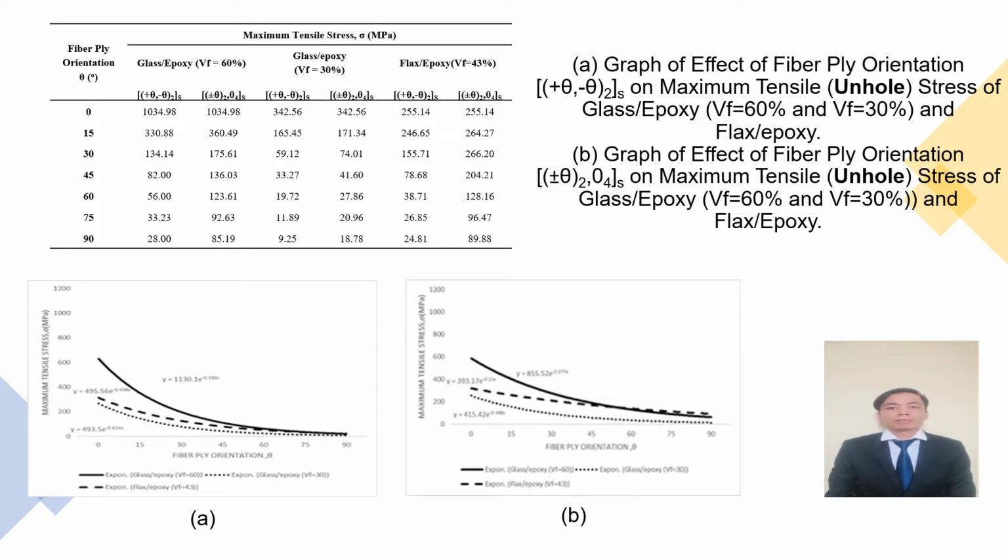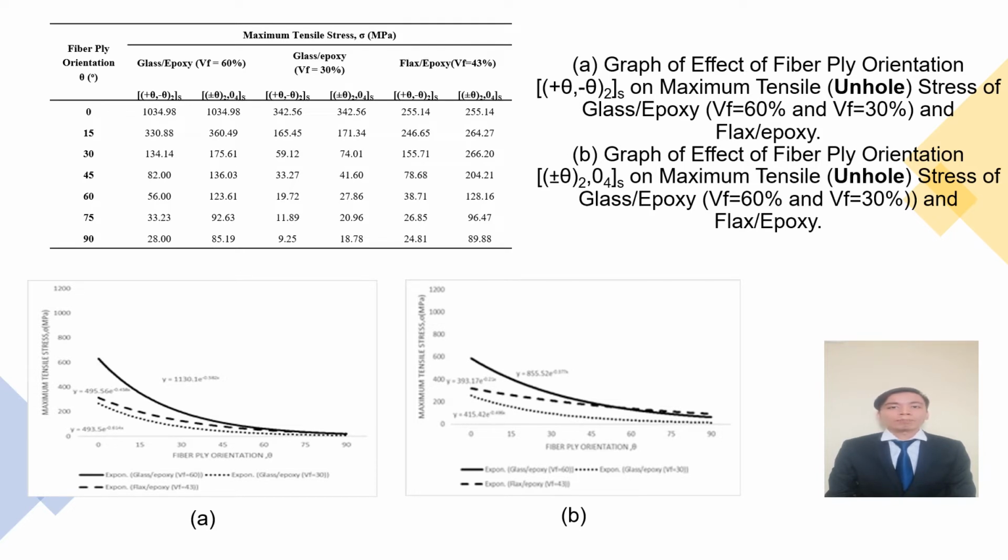Meanwhile, the specimen has the lowest tensile strength under the transverse tensile load at 90 degree fiber orientation, as it failed due to tensile rupture of the fiber matrix interface.